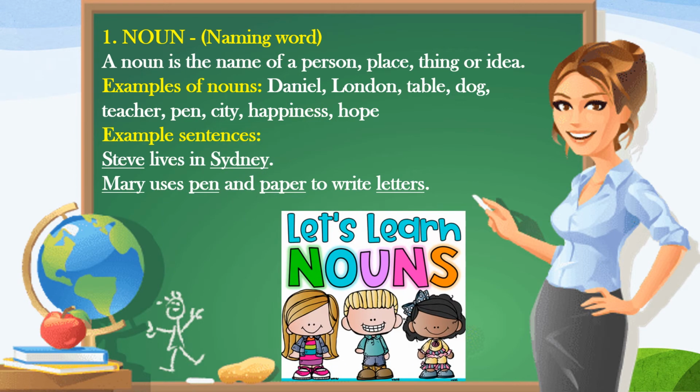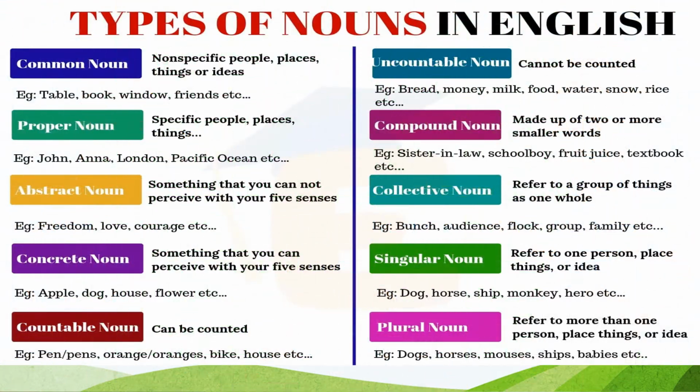Now, we're gonna have some more information about nouns. In fact, we have many types of nouns in English. So here we are gonna have a general look on many types of nouns. We have, for example, common noun versus proper noun.